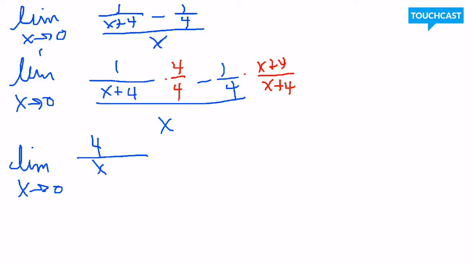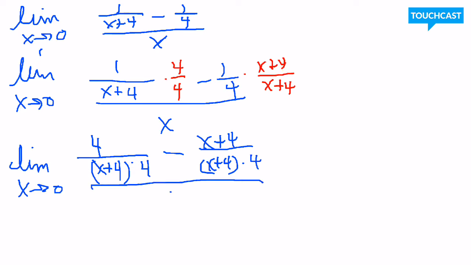over x plus 4 times 4 minus x plus 4 over x plus 4 times 4. Remember, this is all still over x. And the good news is, in my numerator, I now have two fractions with the same denominator. So I can subtract my numerators.